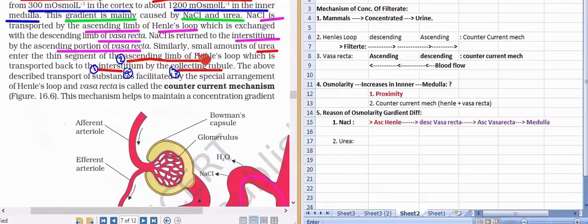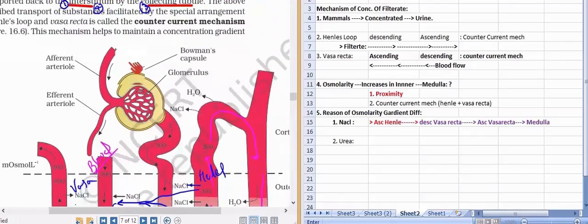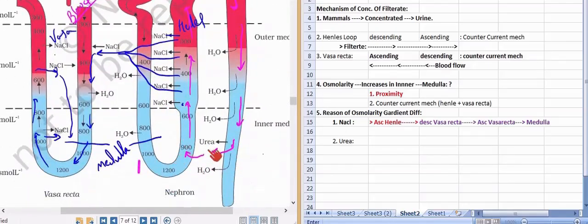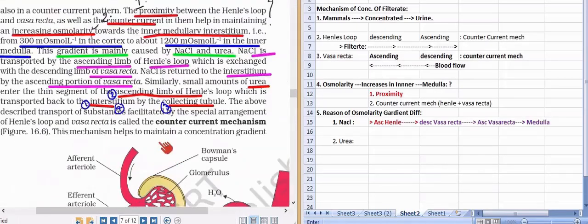Now let's see. In the ascending limb, a small amount of urea is entering the thin segment. From where is it entering? It is the medulla only. From the medulla to here, to the collecting duct, again back to here. So that is the line.